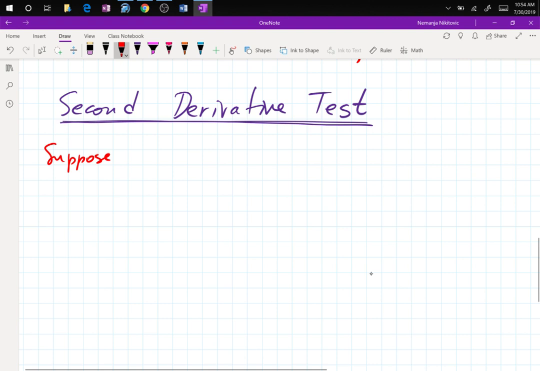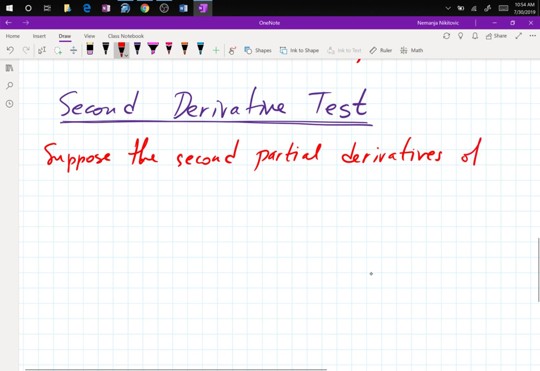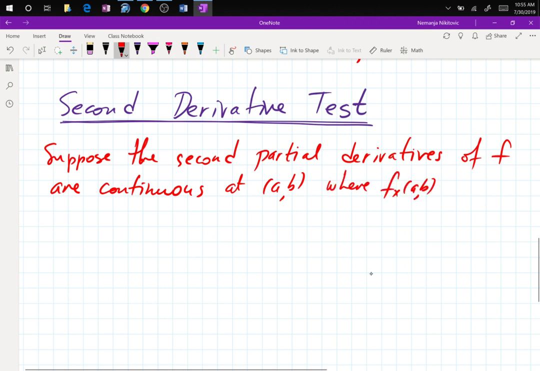Suppose the second partial derivatives of f are continuous at (a, b), where fx(a, b) equals fy(a, b) equals 0. So this is just telling you that (a, b) is a critical point.